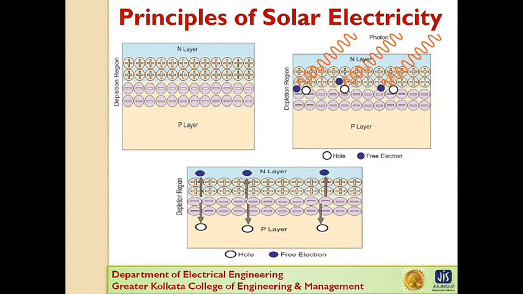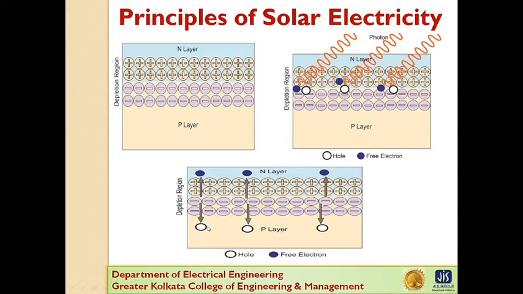The energy associated with the photon excites the valence electrons of the semiconductor atom, and hence the electrons jump to the conduction band from the valence band, leaving a hole behind each. These blue colors are the free electrons, and these white and black bordered ones are the holes.